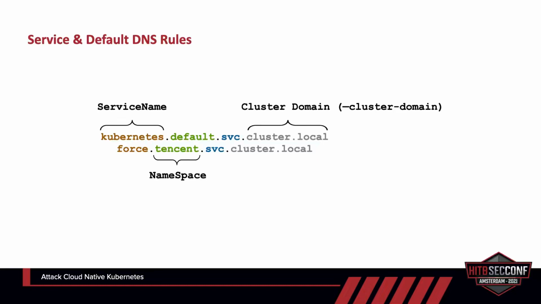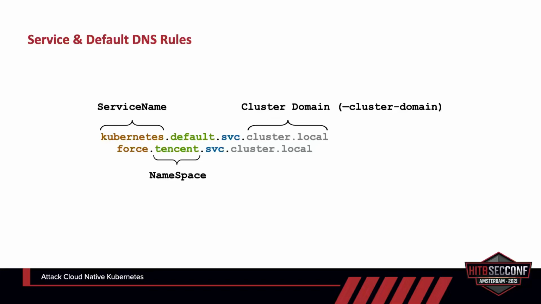Here are two simple examples. The DNS record above will be present in every K8s cluster by default, which corresponds to the Kubernetes service under the default namespace and points to the API server of the current cluster.